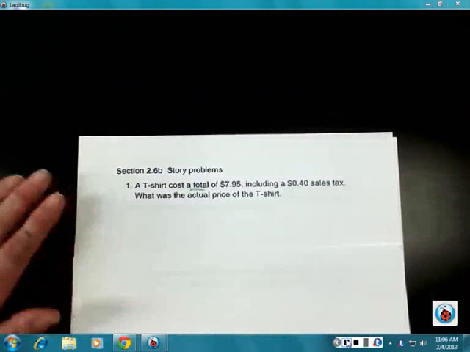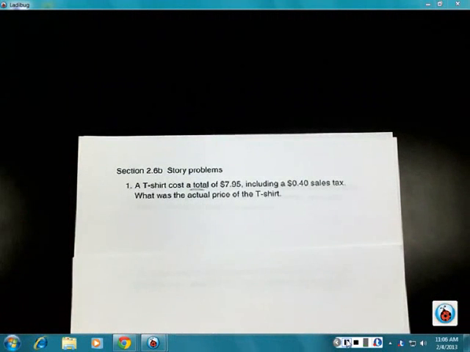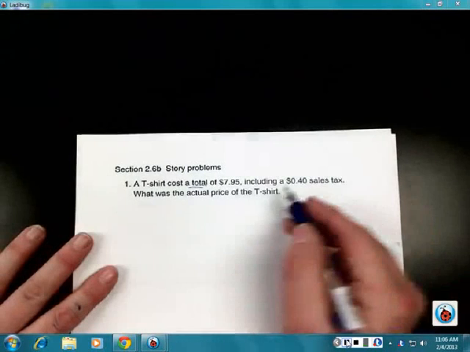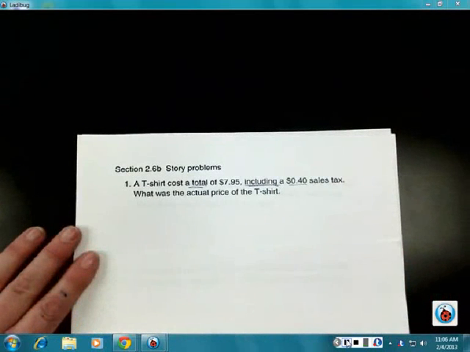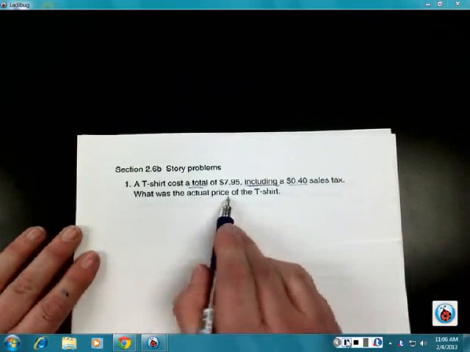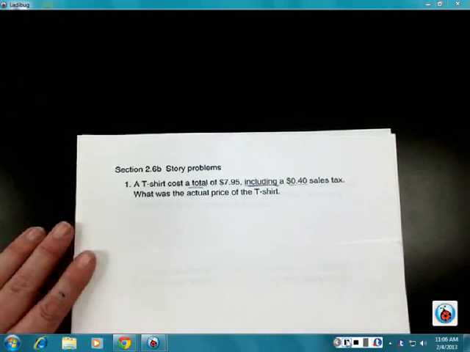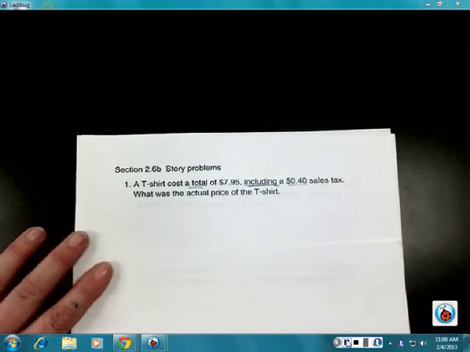When it says total, what does that mean? Total means full price, nothing else added into it. But then it goes on and says including a 40-cent sales tax. What was the actual price of the t-shirt? Do I know what the actual price of the t-shirt happens to be?